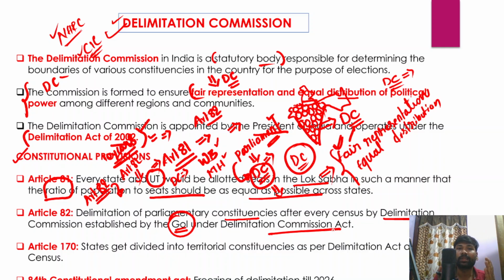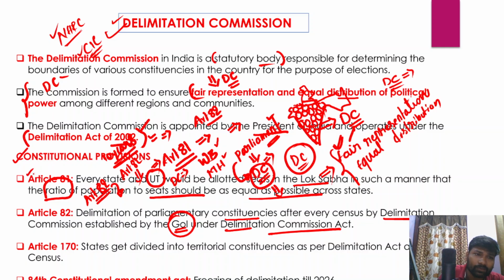So the responsibility of delimitation of the constituencies, particularly the parliamentary constituencies, after every 10 years or after the census would be given to the delimitation commission that has been established under the Delimitation Commission Act.